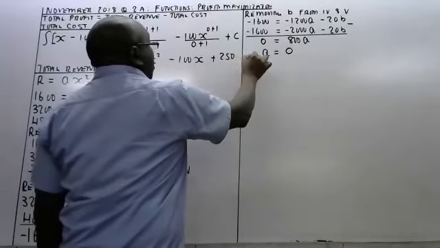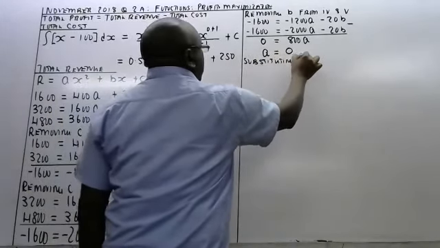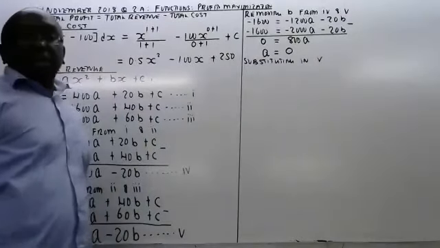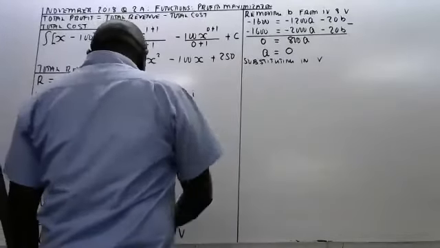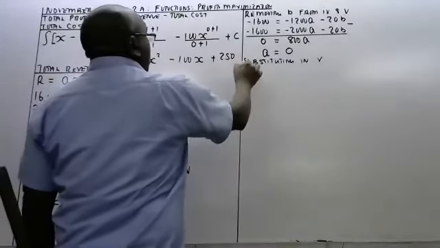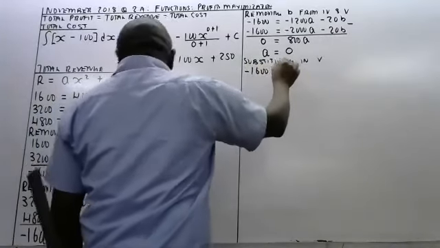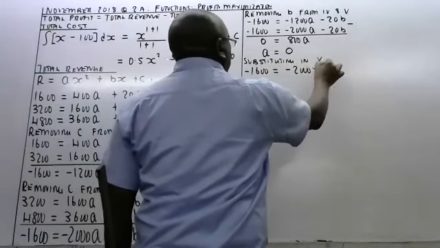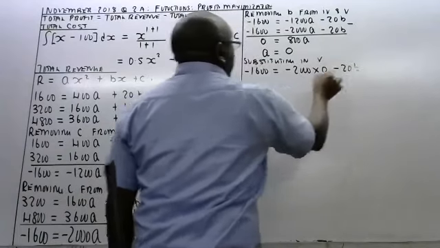So substituting in equation 5, I will come here and say minus 1600 is equal to minus 2000 times 0 minus 20b.